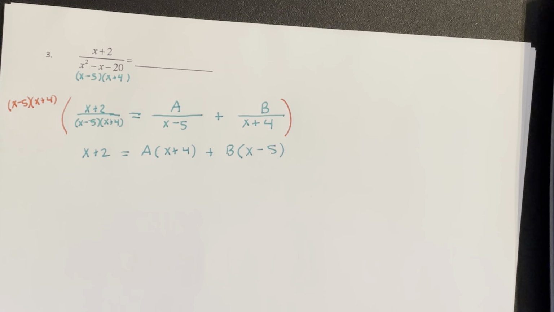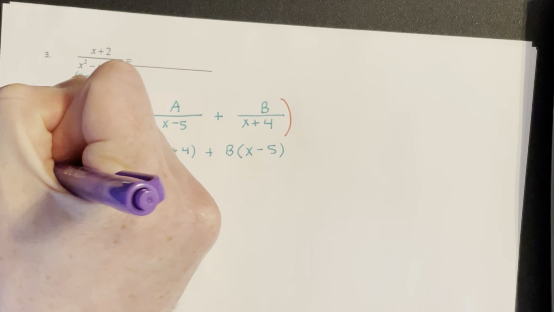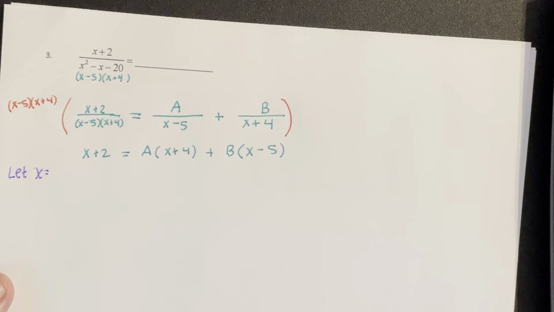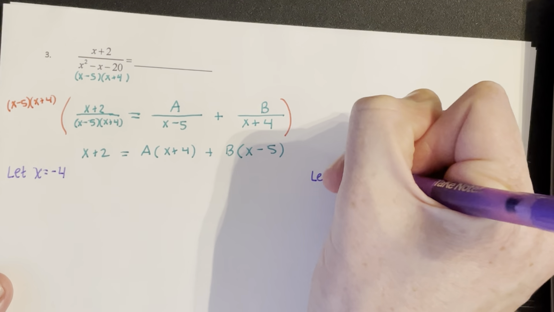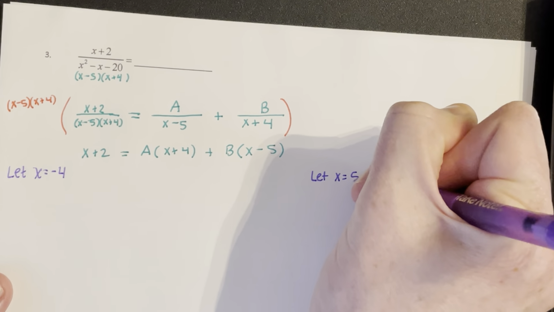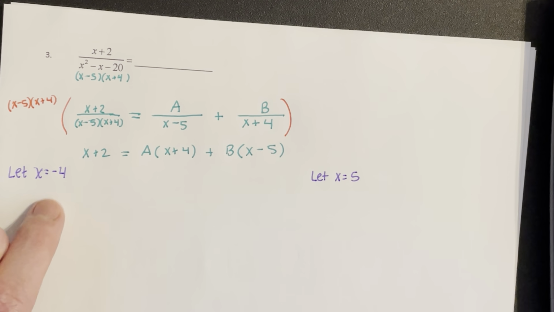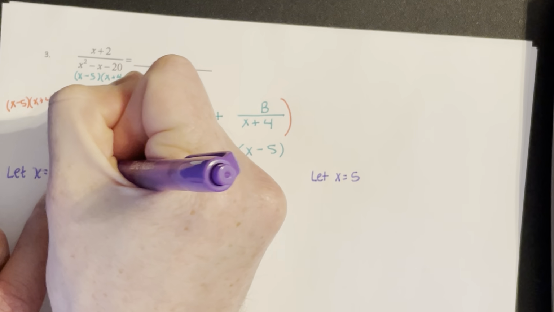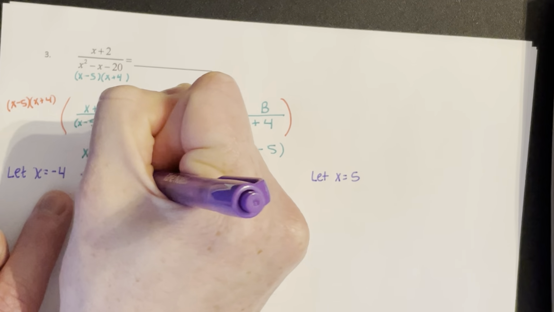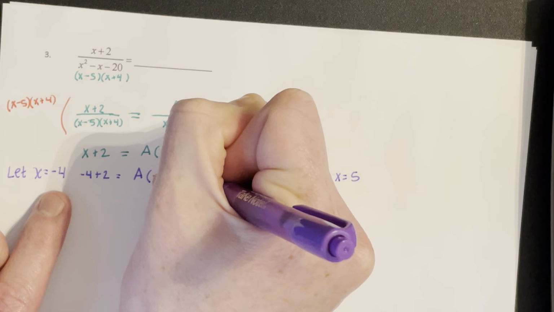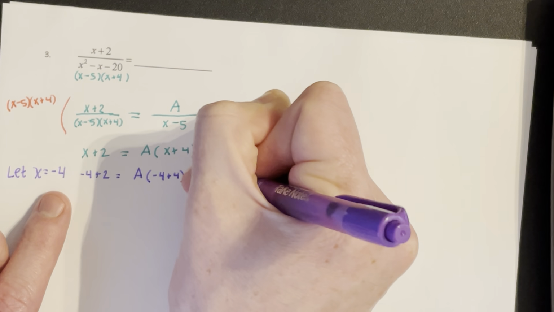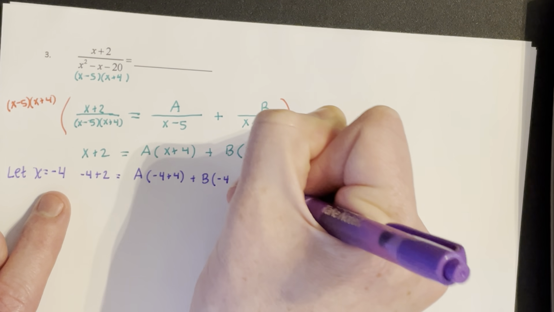And let's let x equal -4 first. Then we can do it again where we let x equal 5. So if x is -4, that'd be -4 plus 2 equals a times -4 plus 4 plus b times -4 minus 5.